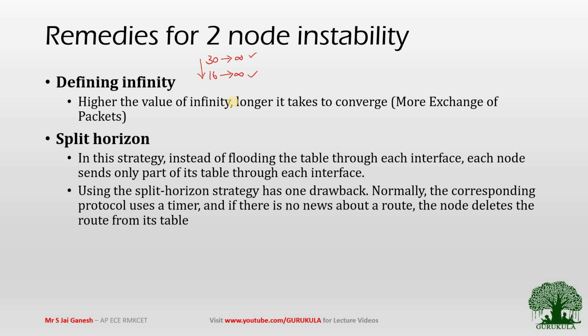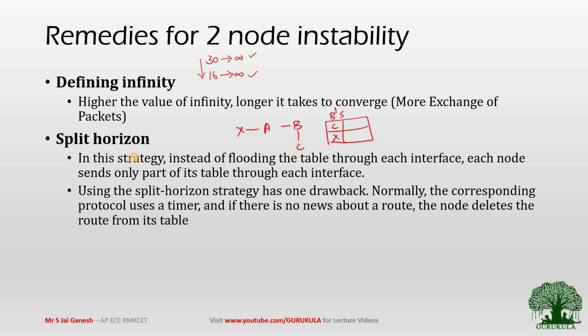So split horizon is nothing but B sending only a partial table. For example, just to understand split horizon in detail, we have A, we have B, and we have X here, and B's routing table will be like this. Okay, let us have one more node here. So we will have C and X in B's routing table. So this is B's routing table.